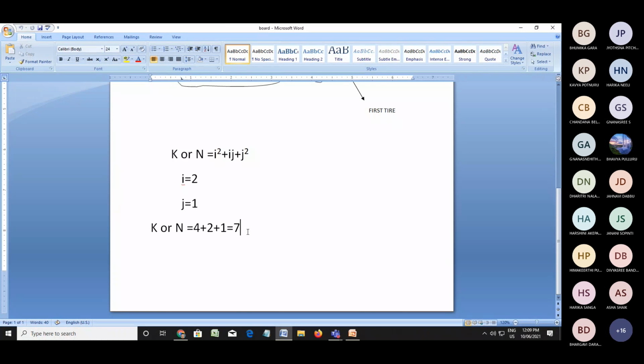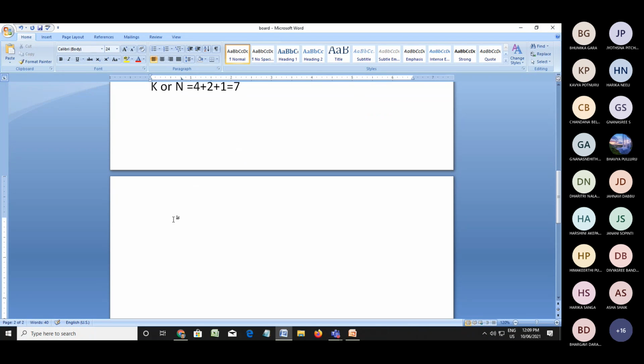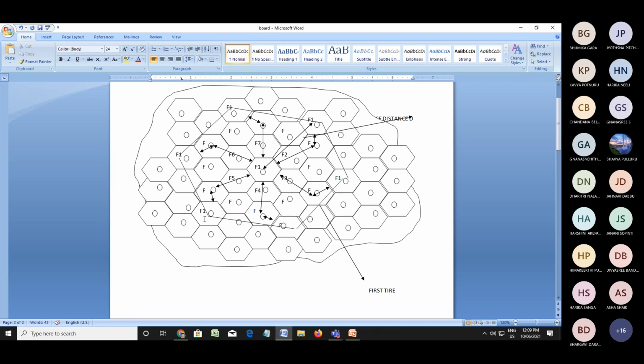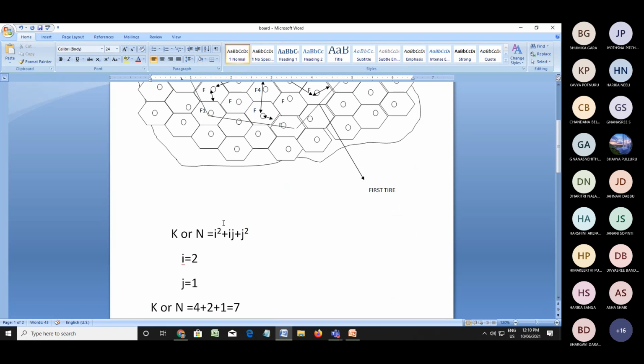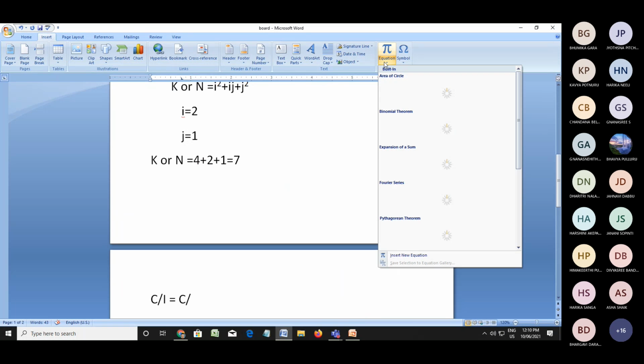Likewise, now I am calculating the C by I ratio, which equals C divided by how many interferences? It depends upon the number of co-channels from the center cell. That is the first tier concept. That is the first tier, that is K1. It depends upon K1. Now we go for the equation.